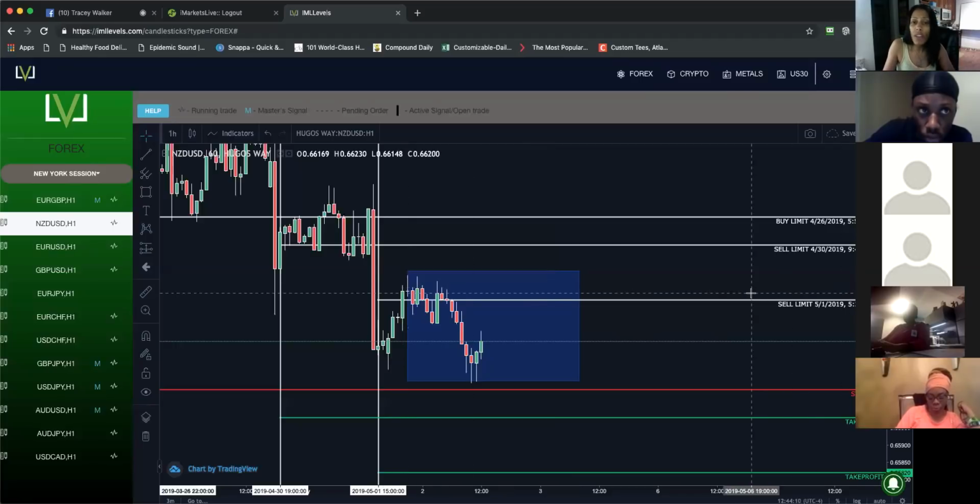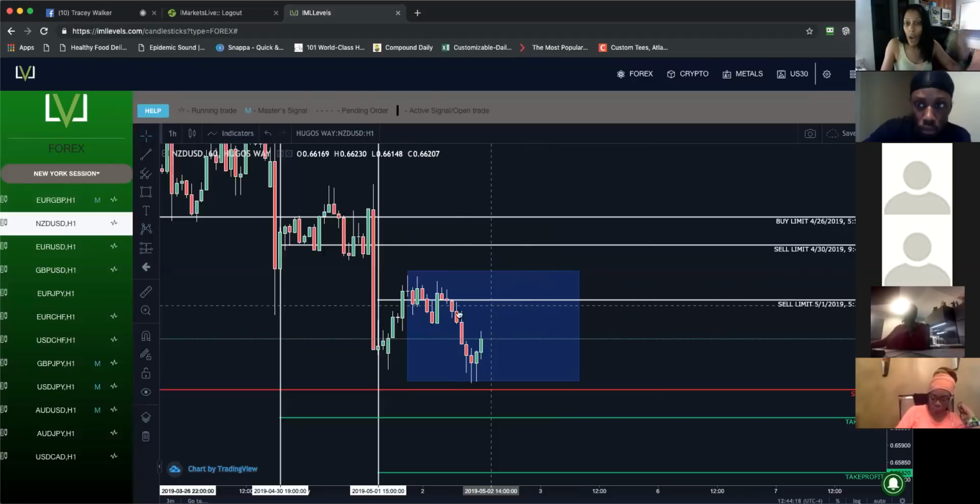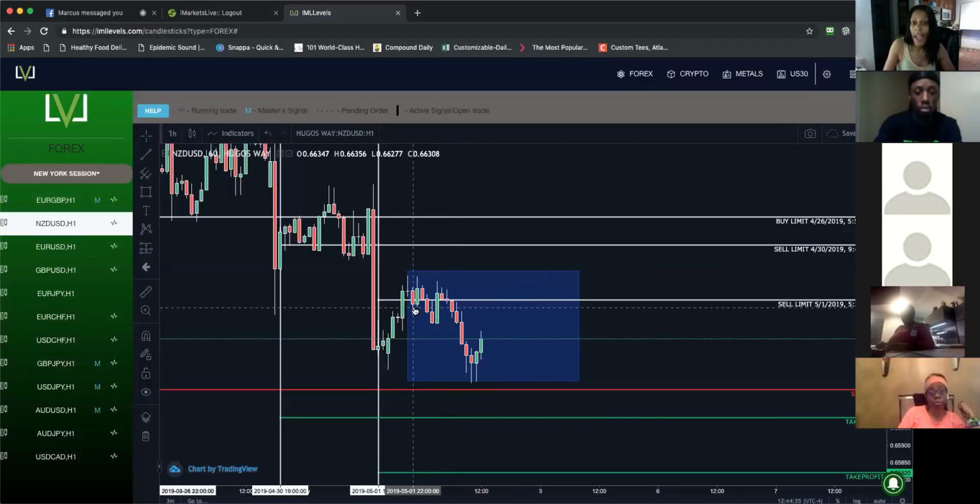You would put in an alert for NZD/USD to give you a sound on your phone when price starts to cross this 0.66320 area. When your alert goes off, you would come back over here and set your trade up.